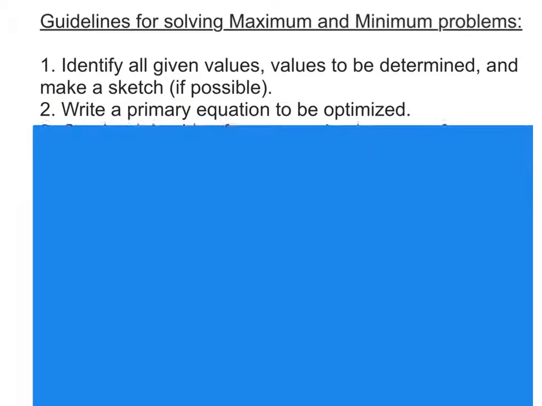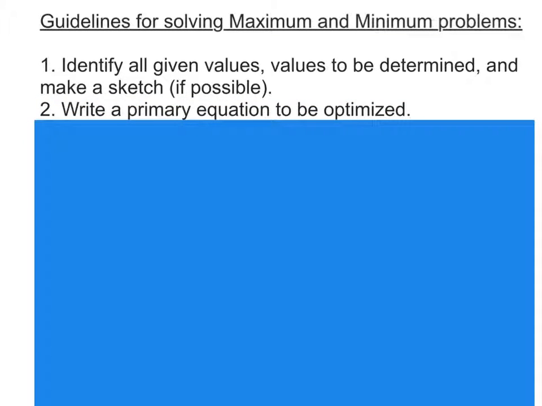Then you've got to come up with an equation. Whatever needs to be optimized, if we're looking for the maximum profit, we need to have some sort of equation with profit. If we're looking for a minimum, say, perimeter of something, we'll use our perimeter formula. If we want the maximum area, we'll use an area formula.